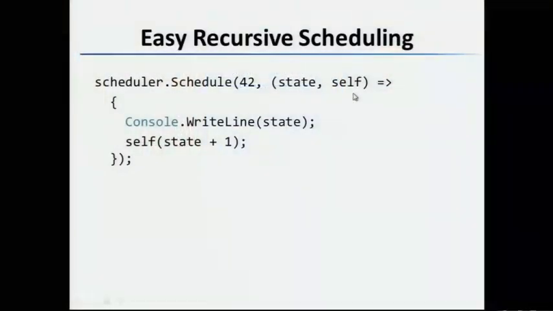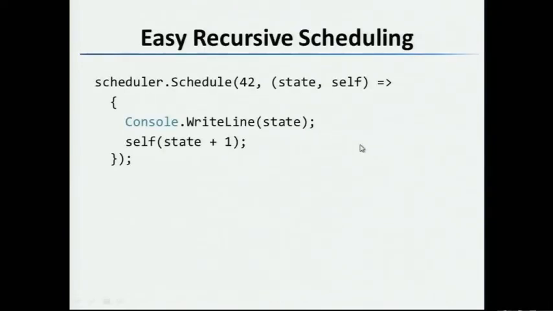The self looks kind of strange. It'll be like Action of T, so the type of this thing would be Action of T. What it means is that when you invoke self, it will execute the same body of code again.